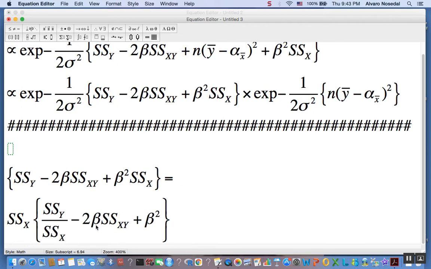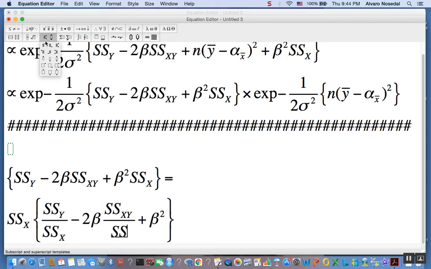We divide by SSX, this one as well. Make sense?